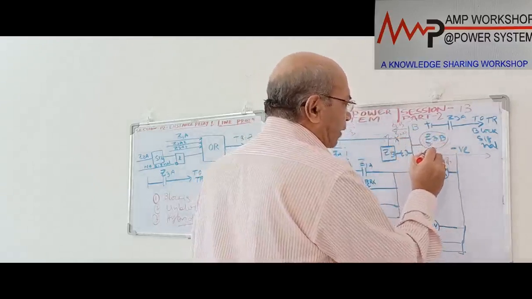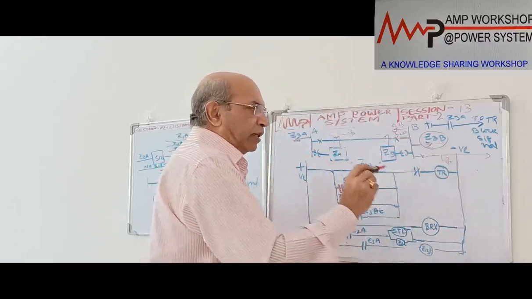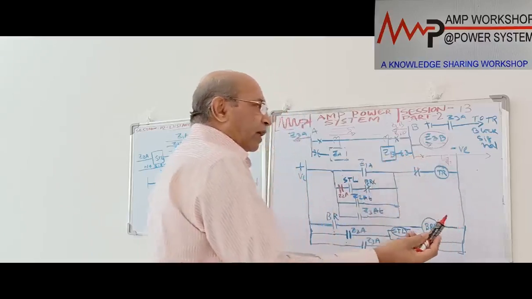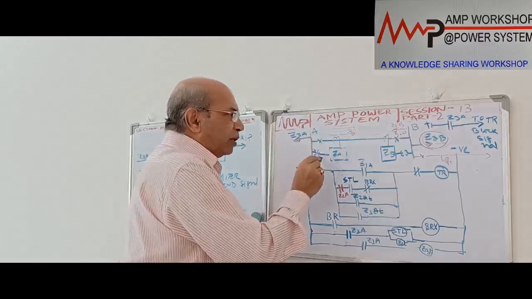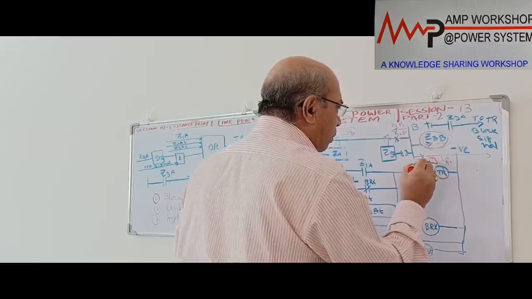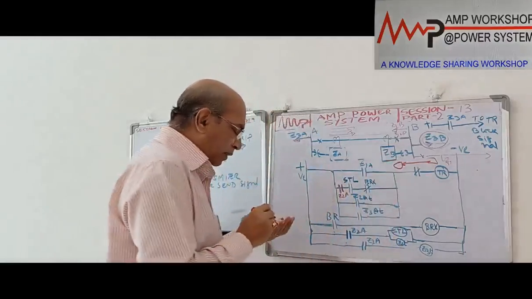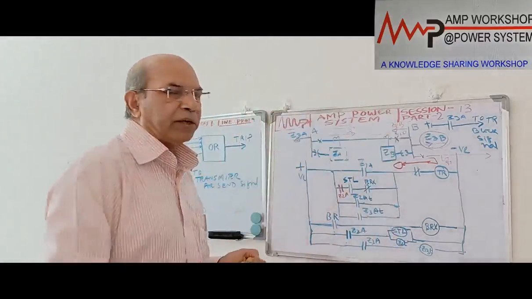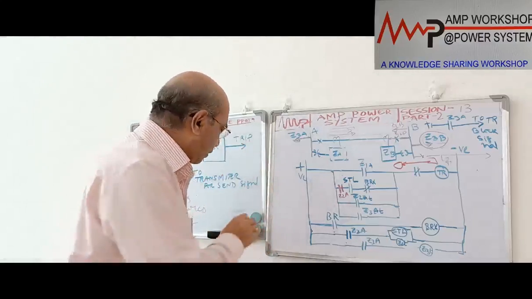This Z3 element will send a signal to the transmitter that it has operated. Then the transmitter will send the signal over the channel to the receiver at the other end. So if the fault is over here, this end's transmitter will send a signal to the other end receiver, and the other end receiver will understand there is a fault outside of the zone, so it should not operate. It will give the command accordingly. We will discuss this part separately now.